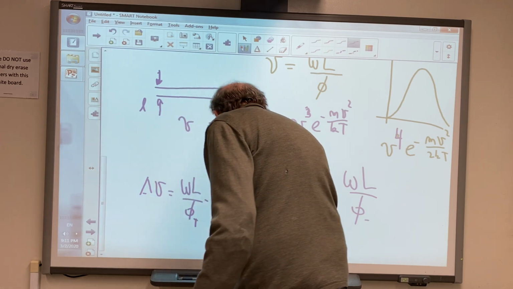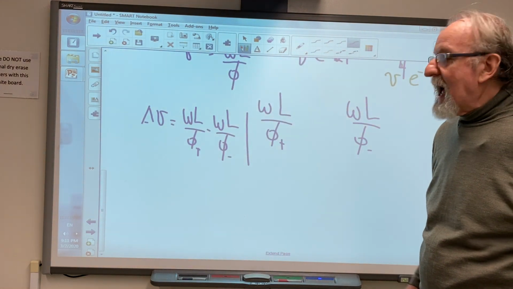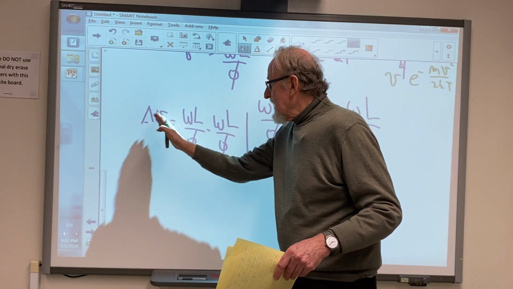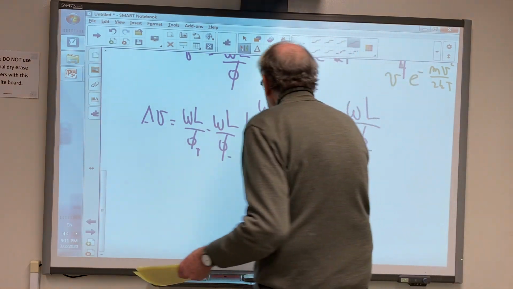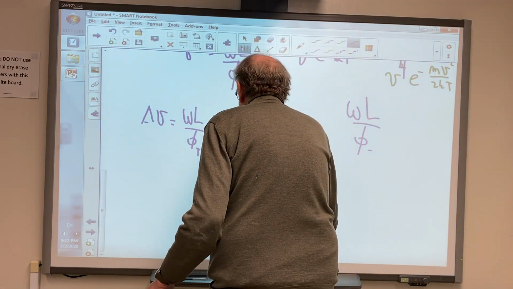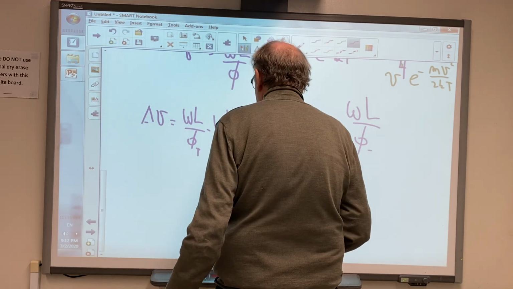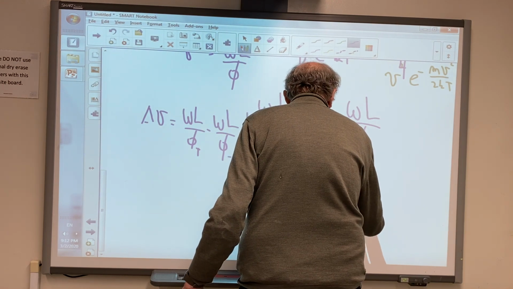And you are counting all the molecules in that range, and not just the ones you want. You are counting the ones you want and this little window. And if you calculate this little window, what is it? It's omega L over phi plus phi minus times phi minus minus phi plus.